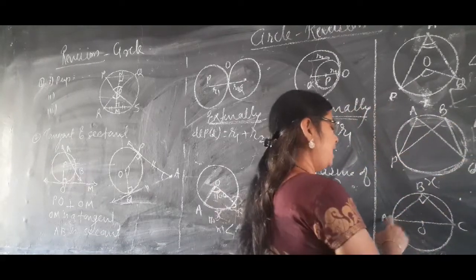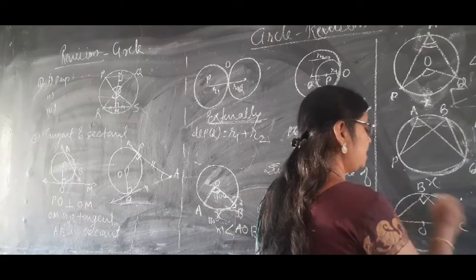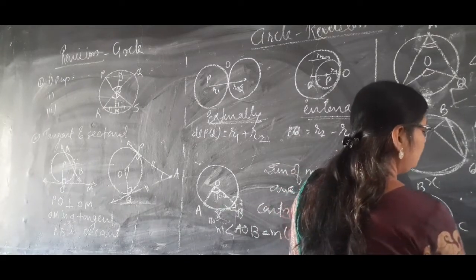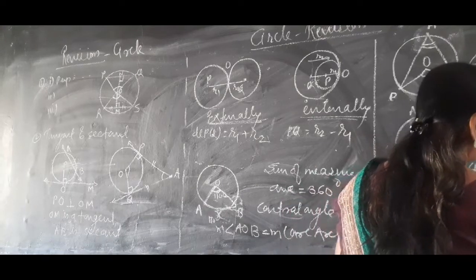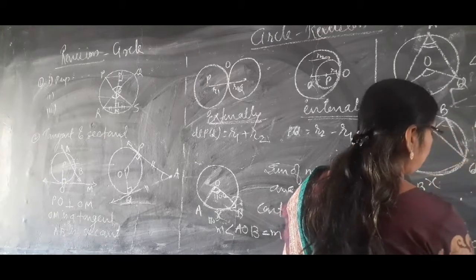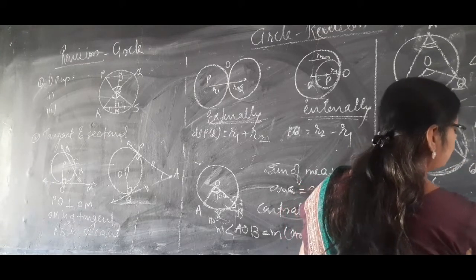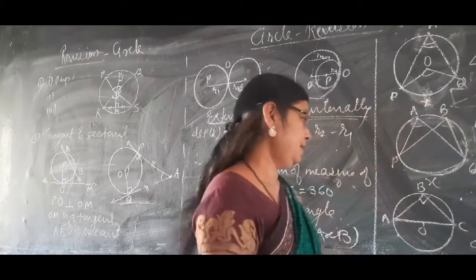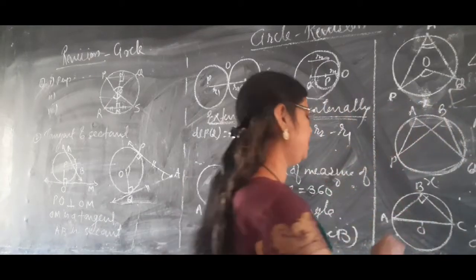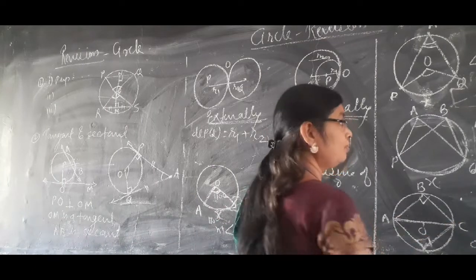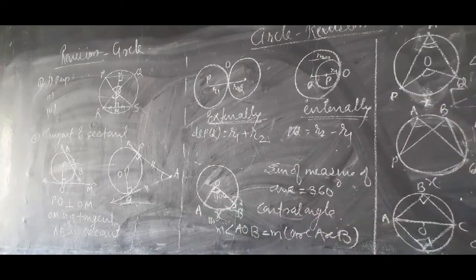Now see here, angle inscribed in a semicircle. Angle inscribed in a semicircle is always how much? 90 degrees. This angle is always 90. If here also you draw the angle, this angle is also 90.